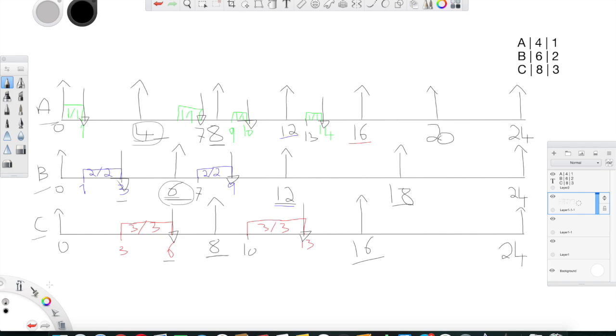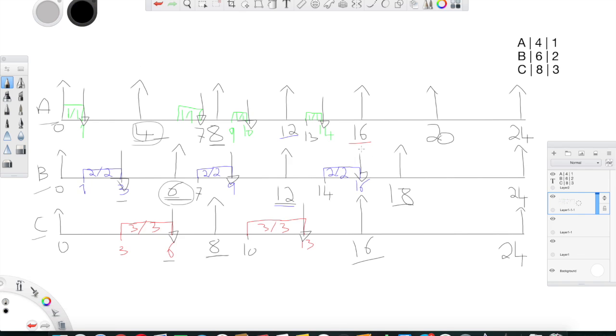At T14, we only have one task remaining in the system, which is task B. So task B will execute, and it needs 2 clock ticks to execute according to the table. So it will run from 14 to 16. From 14 to 16, 2 out of 2. And since it finished execution, we must draw a downwards arrow.